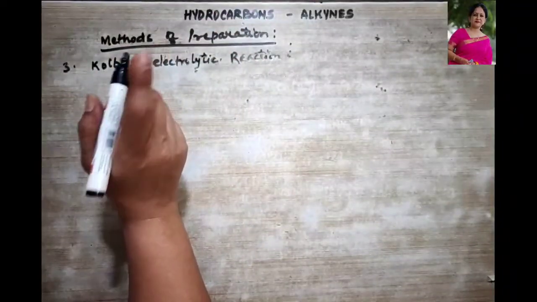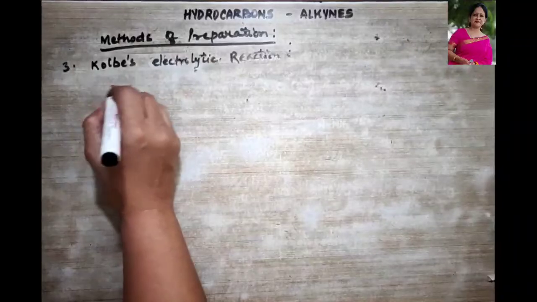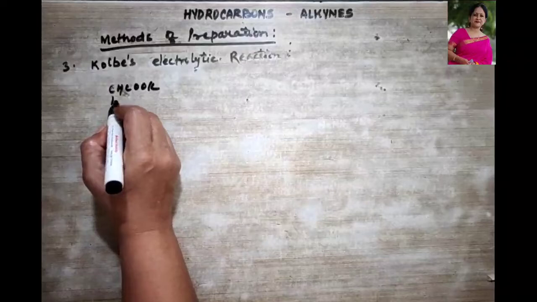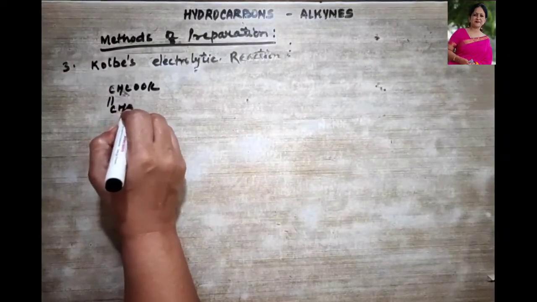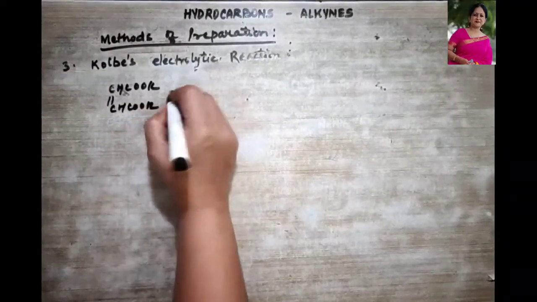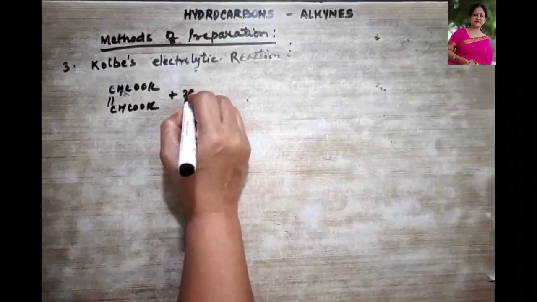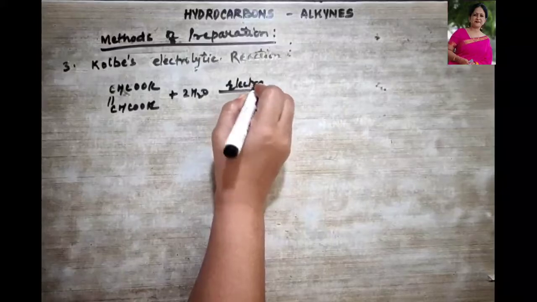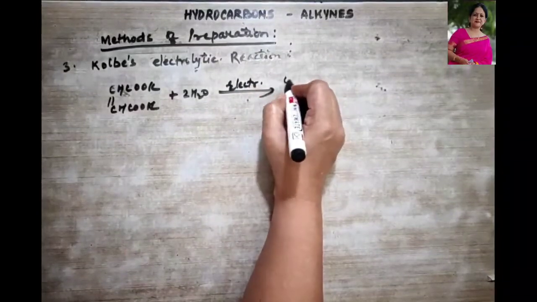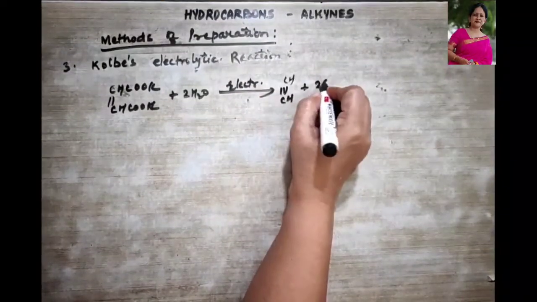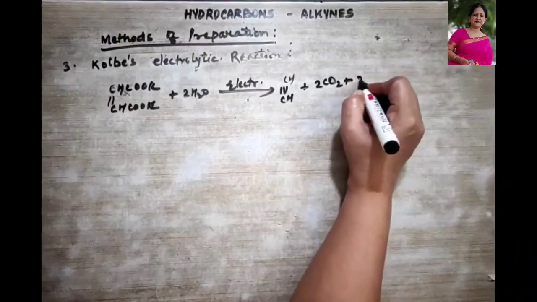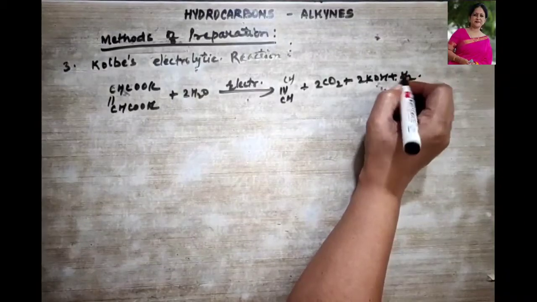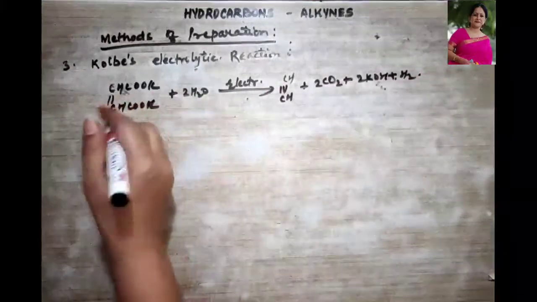We take potassium maleate, that is CHCOOK double bond CHCOOK. We add 2H2O over here in the presence of electrolysis, and it is going to give us ethyne plus 2 carbon dioxide plus 2 KOH, and hydrogen gas is given out, right?